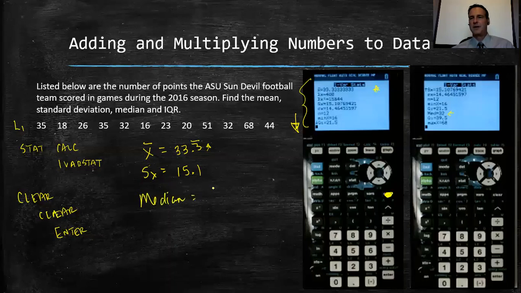Okay, your median is 32. And remember, your interquartile range is Q3 minus Q1. Okay, so my Q3 is 39.5.